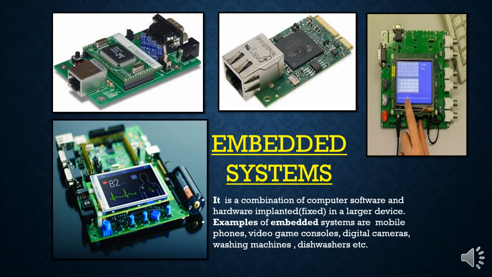Embedded system. Embedded system is a combination of computer hardware and software fixed together in a larger unit. Examples of embedded systems are mobile phones, video game consoles, digital cameras, washing machines and dishwashers, etc. In a washing machine, the role of the embedded system is to take instructions from the user, that is input, through the buttons and convert them into commands.